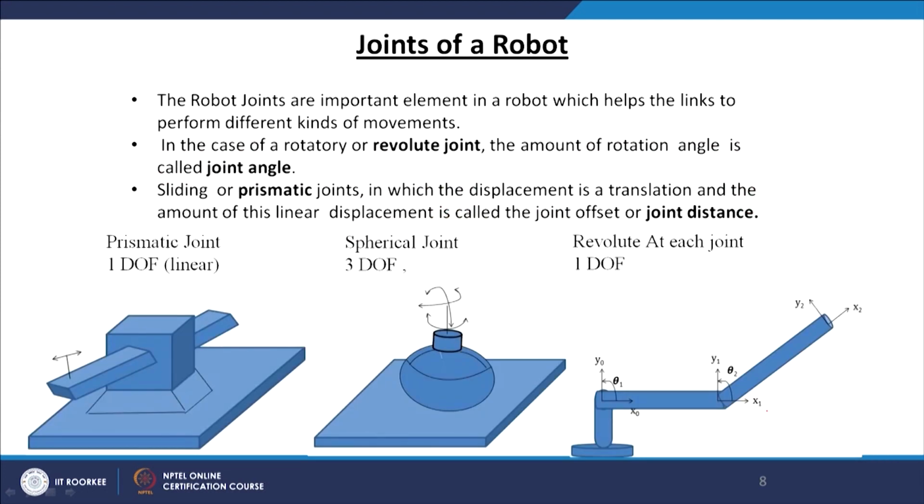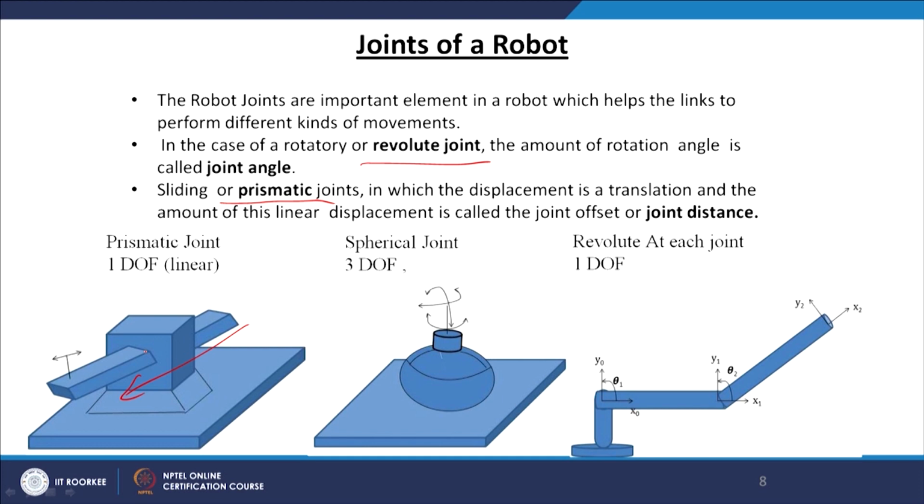So, the joints of the robot are of two types. One is the revolute joint, which makes a rotational motion. Another is the prismatic joint. This represents a prismatic joint because this joint is able to perform a straight line motion only.